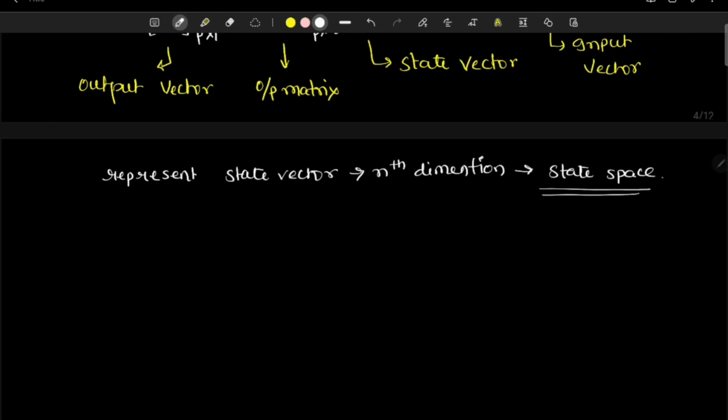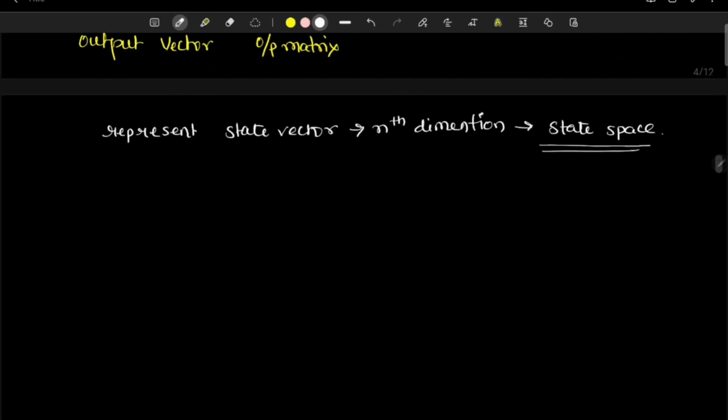So what is state space? The elements of nth dimensional space are called state space. Now next we will solve a few questions which will help you to get a clear idea of this topic.